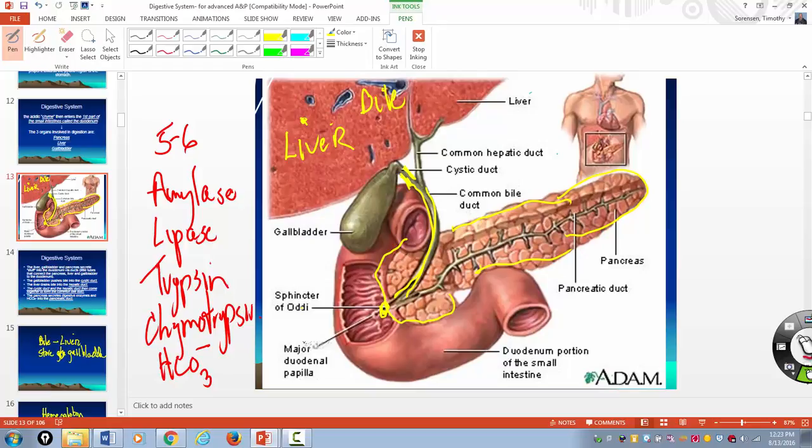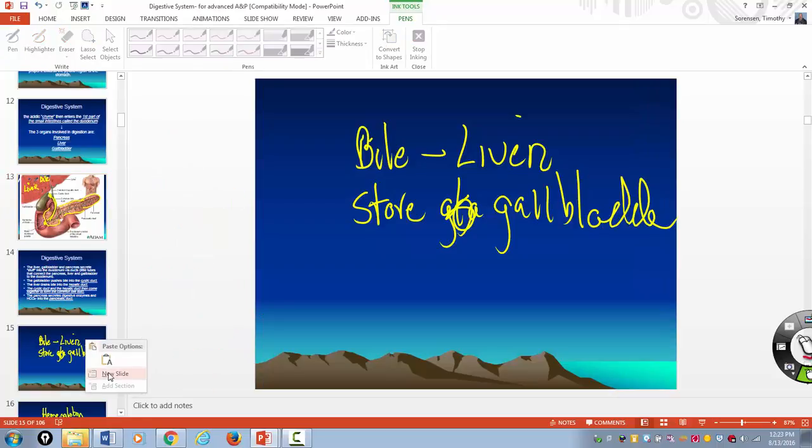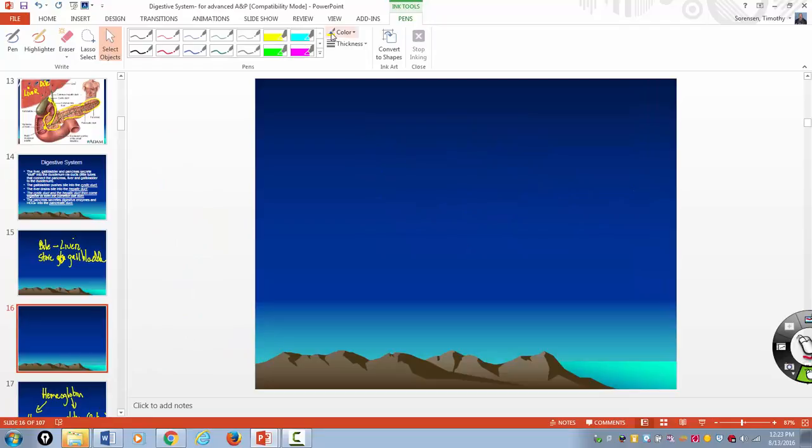So in some situations, and as you get older, you have what are called the 5 F's of gallbladder disease.